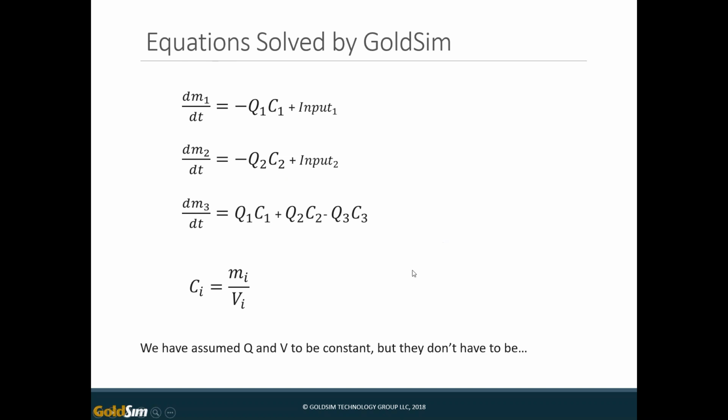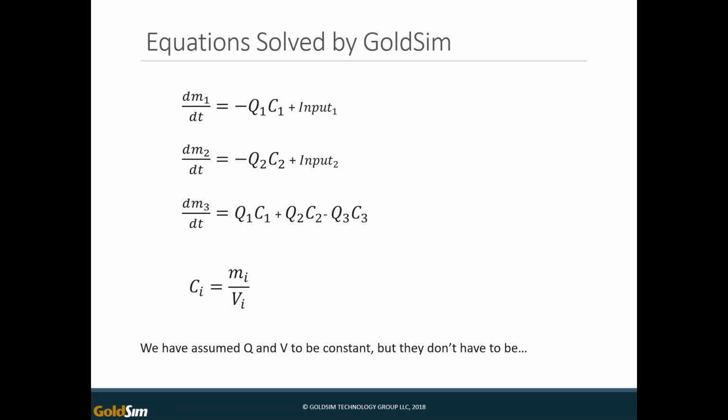In the model we just did, we assumed the flow rates and the volumes were constant. Right? I basically said the ponds are overflowing, and so we assume the volumes are always at their highest level. They're always constant, and the flow rates we entered as constant. They don't have to be. In a real world system, they're not.